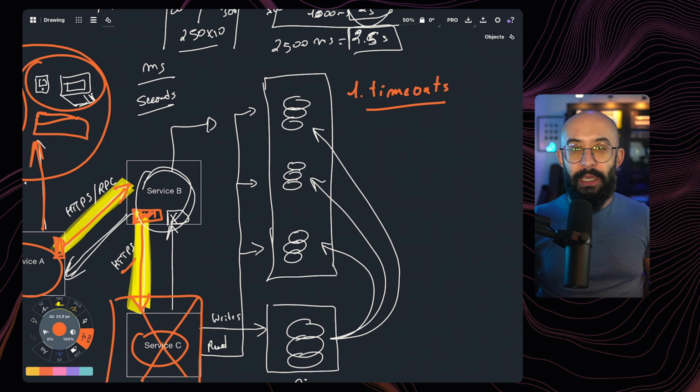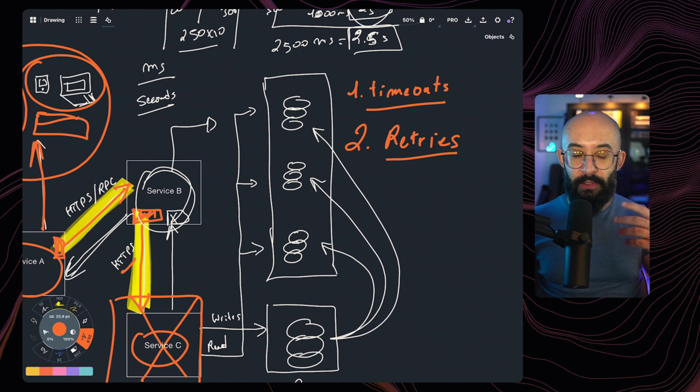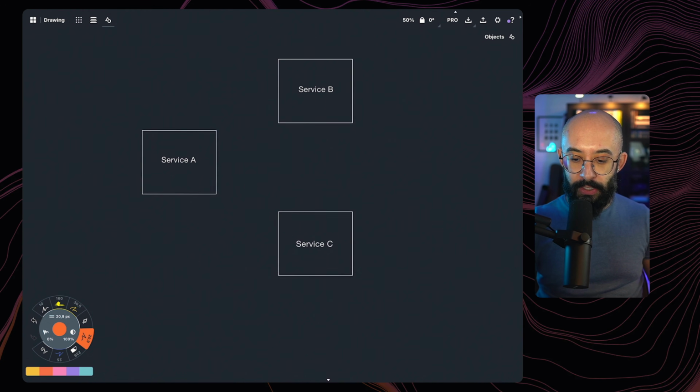What is the second thing we need to do here? It's not only to implement timeouts, we want to implement retries. We want certain calls, a subset of our calls, especially the service-to-service calls, to be retried. Now, let's clean this up a little bit and talk about retries.